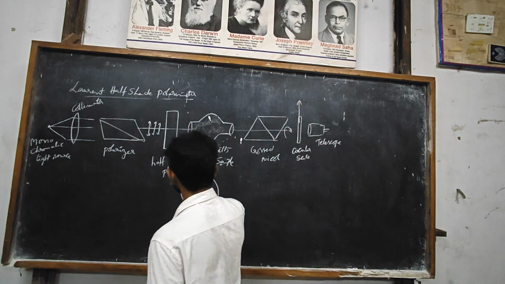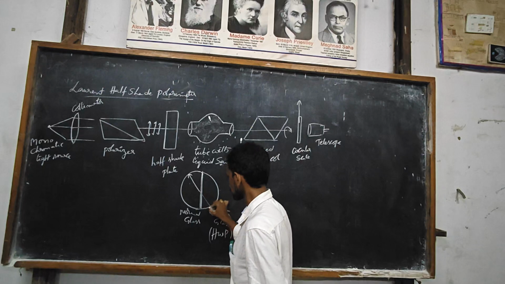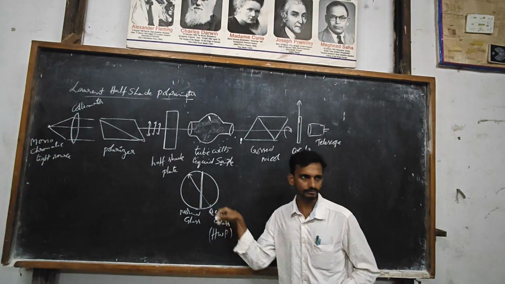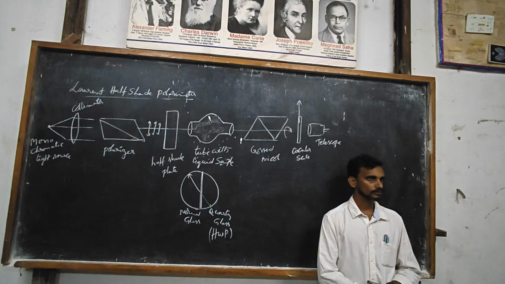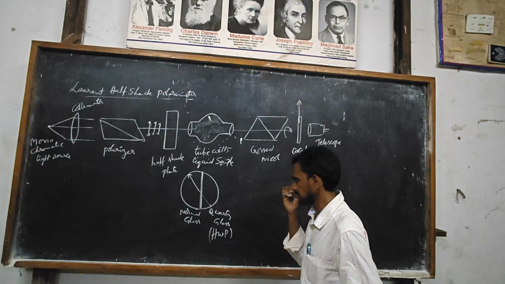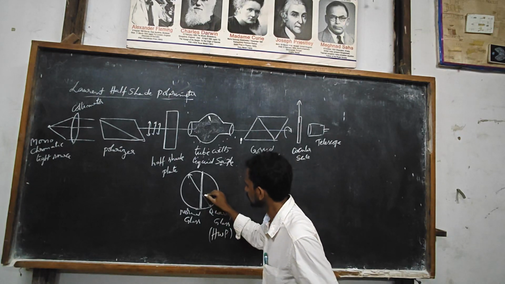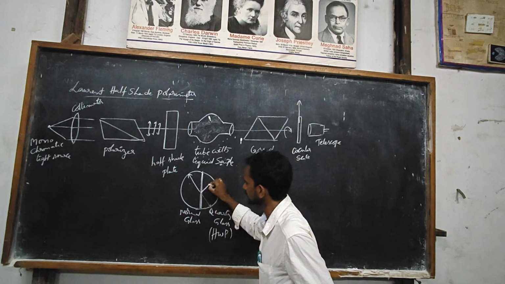So when light is incident on it, let's say at an angle like this, this is the original incident direction. So what happens? This half wave plate flips this polarized light ray by 180 degrees.